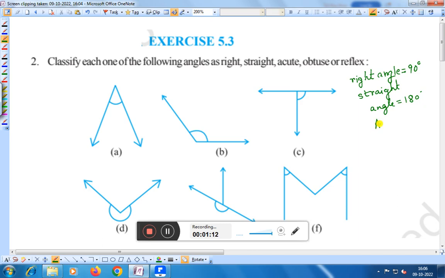Acute angle is greater than 0 but less than 90 degree, that is acute angle.